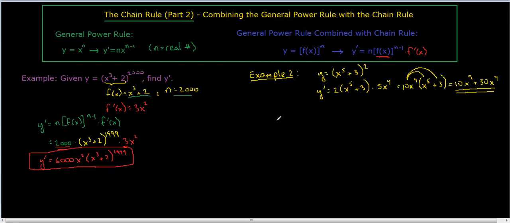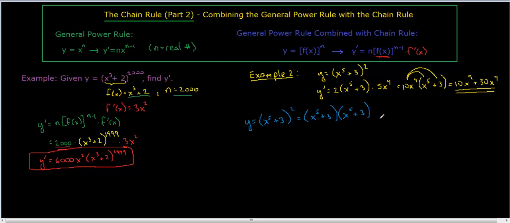We could also have found the derivative by first expanding. So if we have y equals x to the fifth plus 3 squared, I can actually expand this using the FOIL approach, if you will.